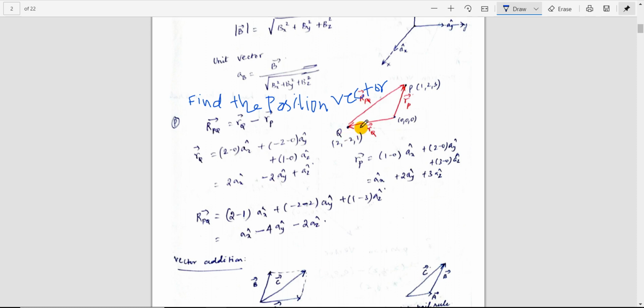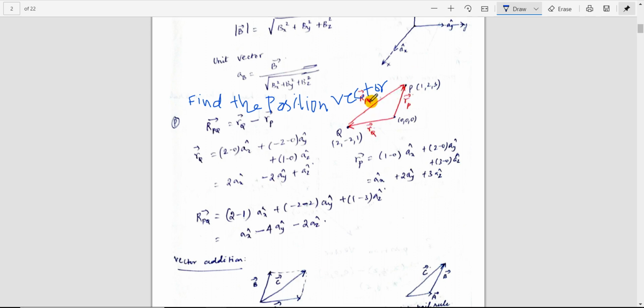See here you can see a difference. If you are going to define rpq, then that particular vector should originate from q to p. If you are going to define rqp, it should originate from p to q. So you have to know the difference.